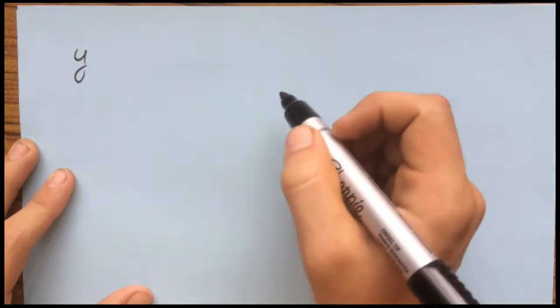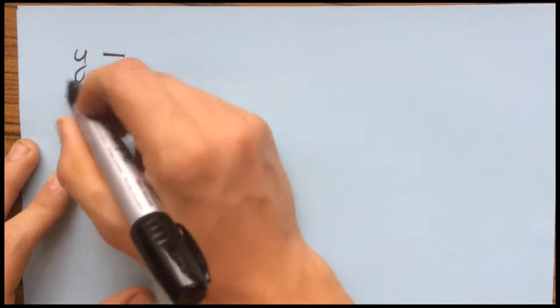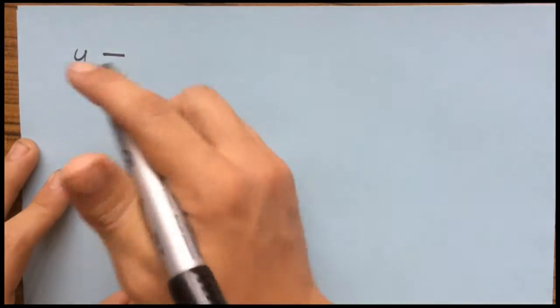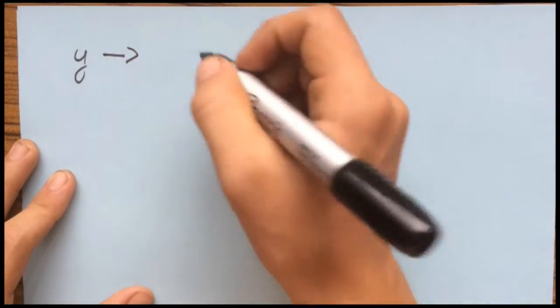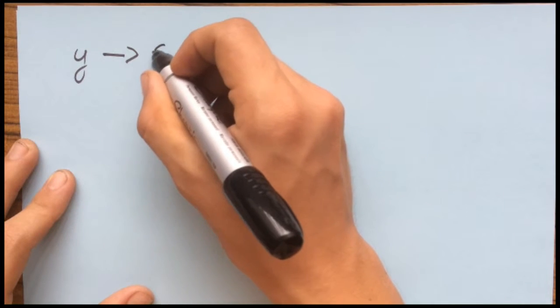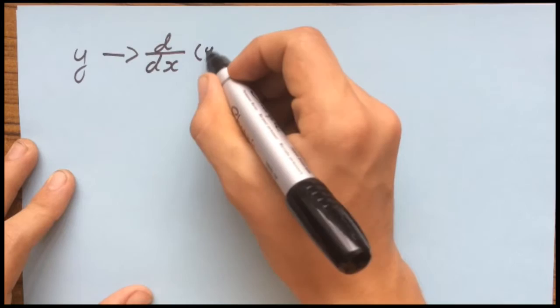Let's say you've got your letter, or your function, y, which equals the function. You derive that, and you will multiply it by the differential operator.